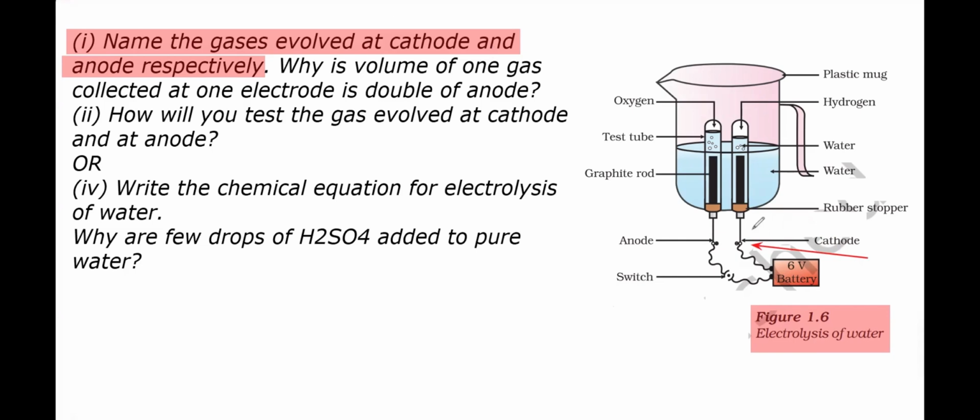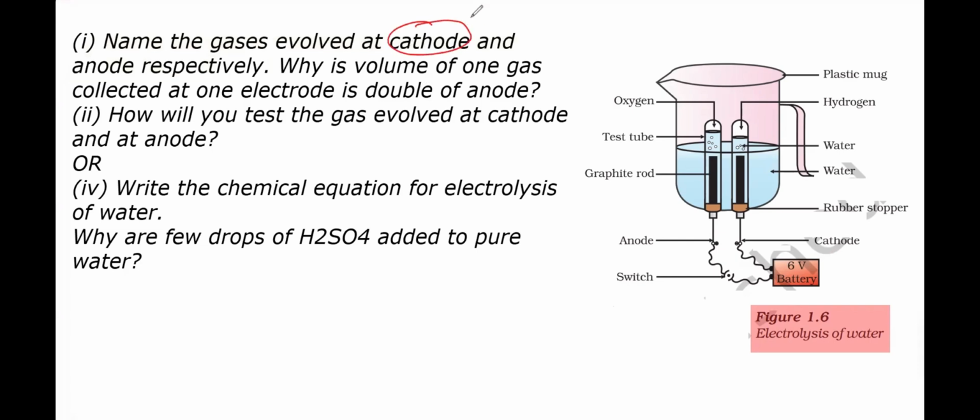The one connected with the negative terminal of the battery is called the cathode, and the one connected with the positive terminal is called the anode. Now we have to name the gases. You can see from here that oxygen is collected at the anode, although this diagram will not be given in the question, and hydrogen is collected at the cathode. So from here we can conclude these two things about the gases respectively.